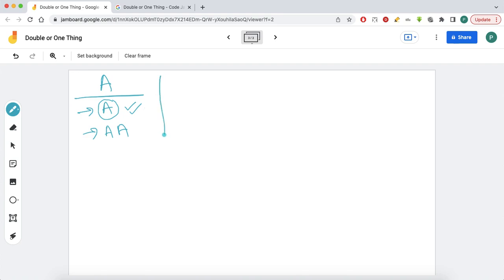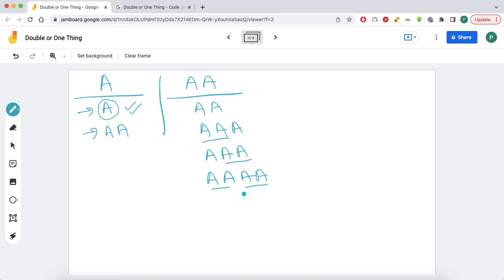Okay, let's consider another example, double A. For this example we will have four possible strings: double A, triple A when we choose to repeat the first character, triple A when we choose to repeat the second character, and quadruple A when we choose to repeat both the characters.